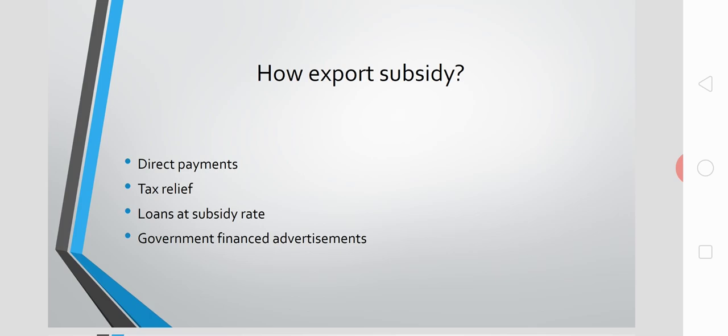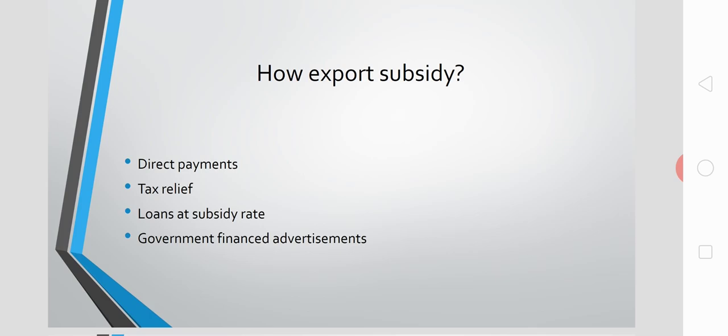Similarly, the third one is loans at low cost or at subsidy rate to the domestic producers. This is another export subsidy measure. The fourth one is government financed advertisements.